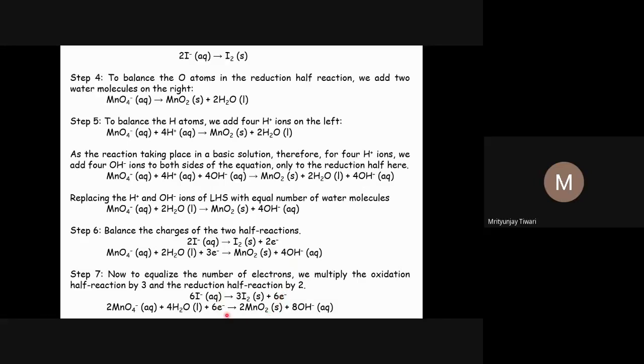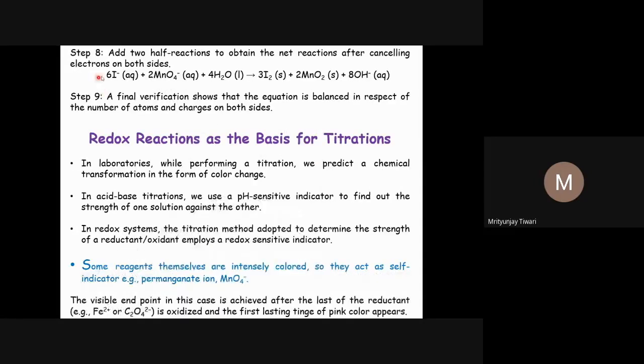We keep all the left hand side parts to one side and the right hand side parts to the other. 6 electrons are there on both sides, so we cancel them out to find the simplified equation: 6I minus plus 2 MnO4 minus plus 4 water molecules gives 3I2 plus 2 MnO2 plus 8 OH minus hydroxyl ions, with their coefficients now given here.